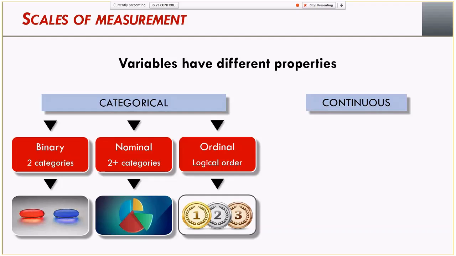You can have somebody who has no medication compliance, partial medication compliance, and good medication compliance. As you can see, the way these categories are ordered, there is an increase in magnitude. It's a new property that's introduced with the ordinal variables.